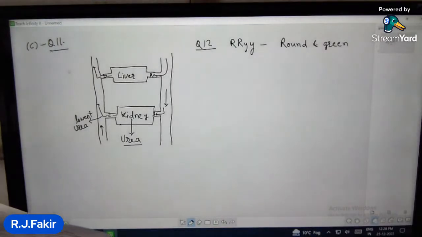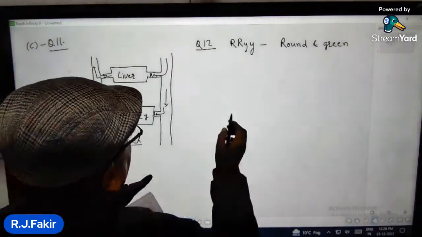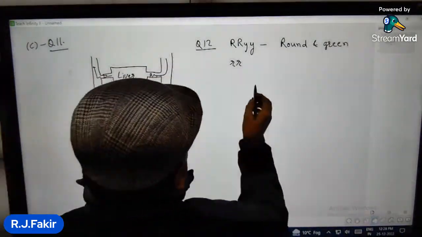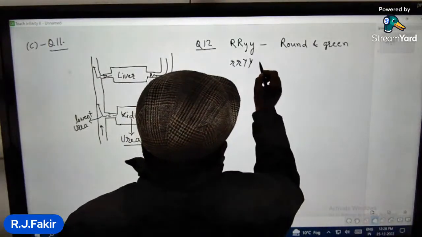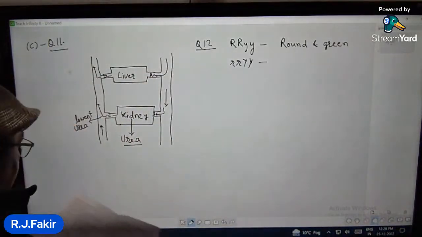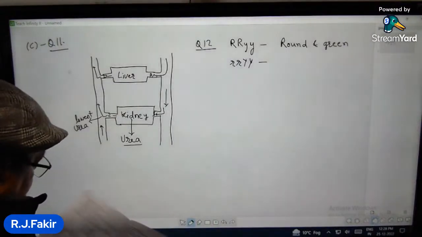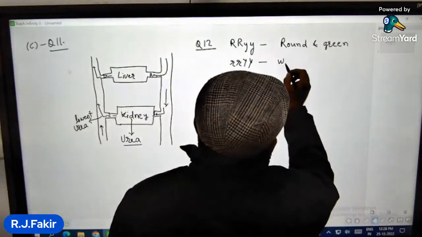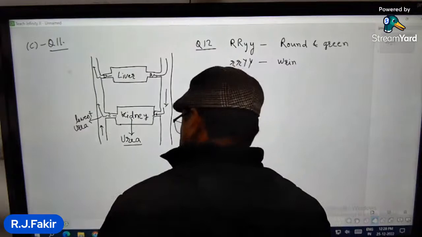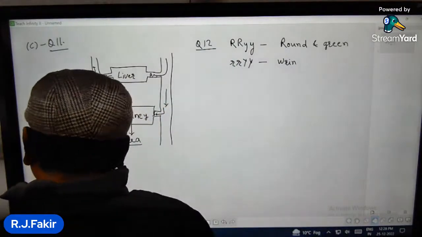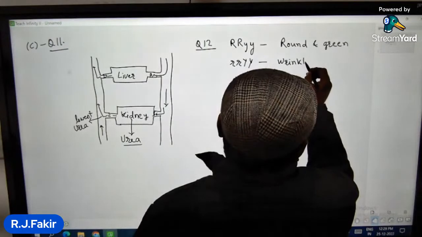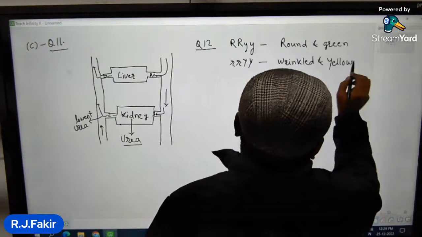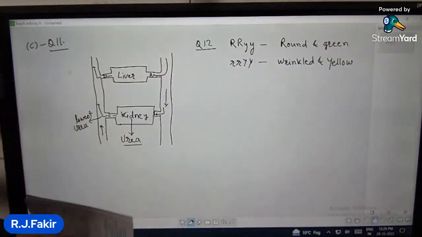And another, small r, and capital Y type of pea plant. This has wrinkled yellow. So these two types of plants you have.